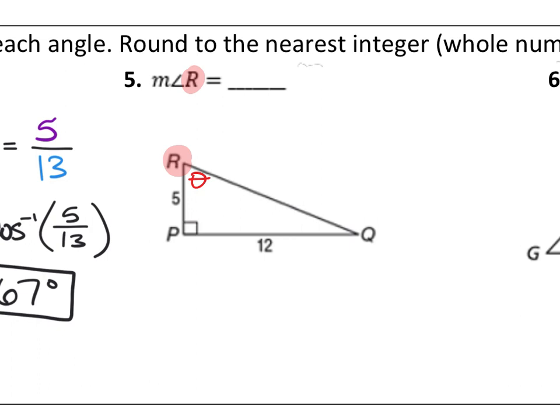Do we know the hypotenuse? No. So do we know the opposite? This is going to be the opposite. And what else do we know? The adjacent. Which of my trig functions uses the opposite and the adjacent? Tangent. So when we set this one up, we're going to say the tangent of my angle is equal to the opposite side length over the adjacent side length.